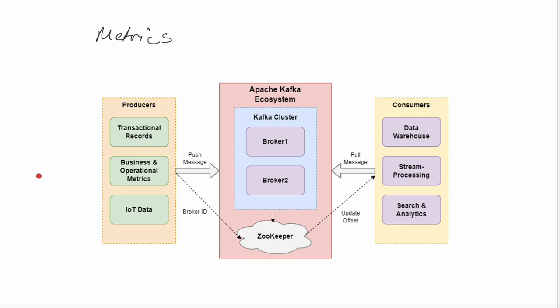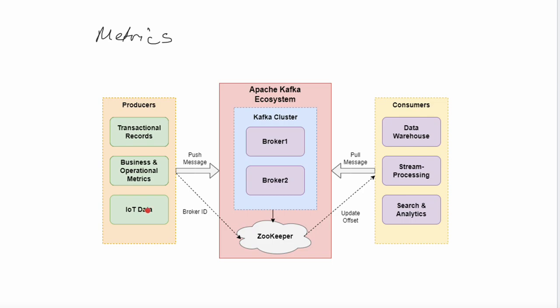You want to send some metrics, and this could be, let's say you are running meters across multiple homes, and you have that data streaming in. You stream that data into Kafka, and then you can do aggregated analysis at a later point in time.